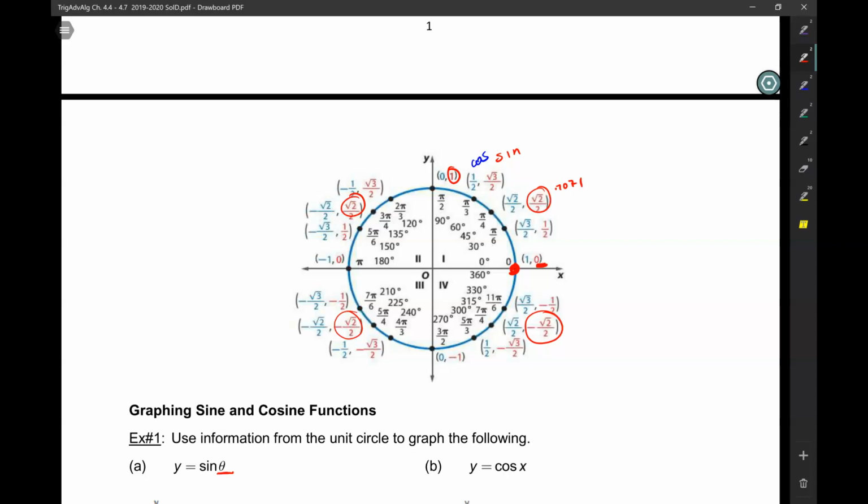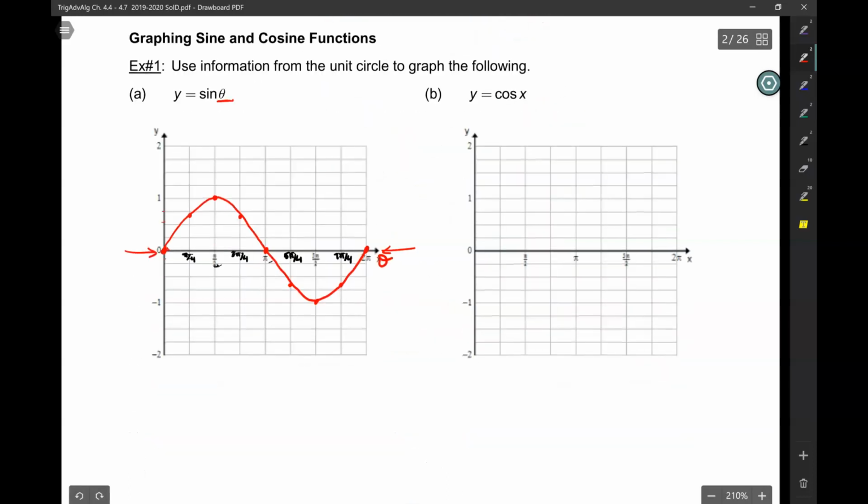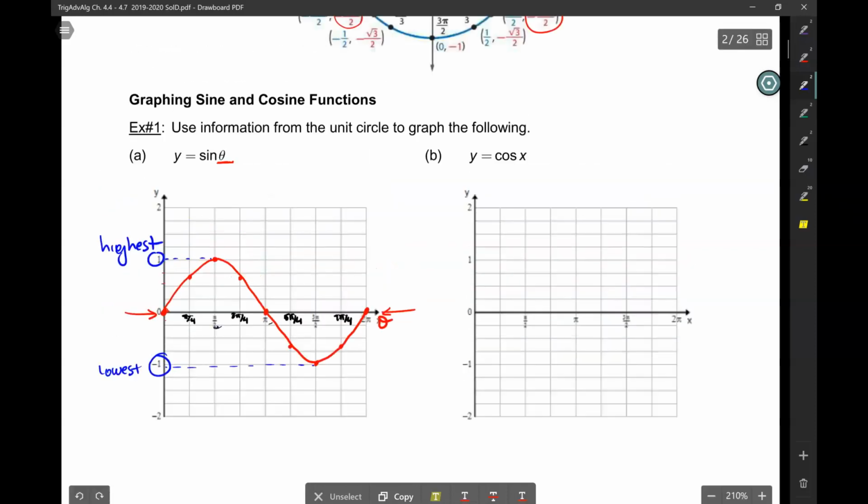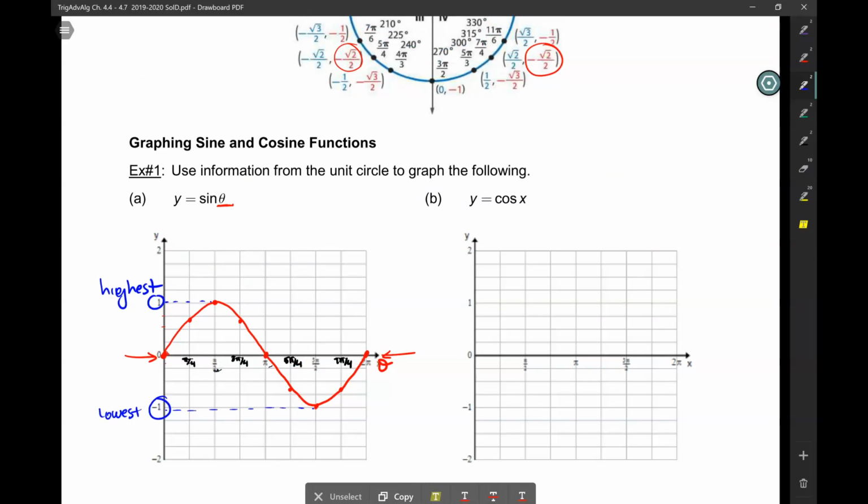So we always went from -1 to 1. It's the same thing on the graph. Once you graph it, the lowest value that your graph hits is -1, and the highest is +1. That's because we're using the same values on the unit circle, and that's how we're always going to do these.